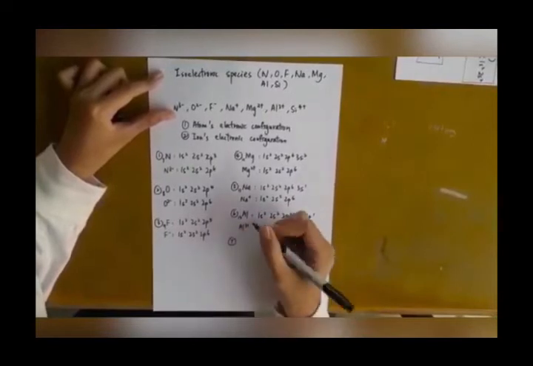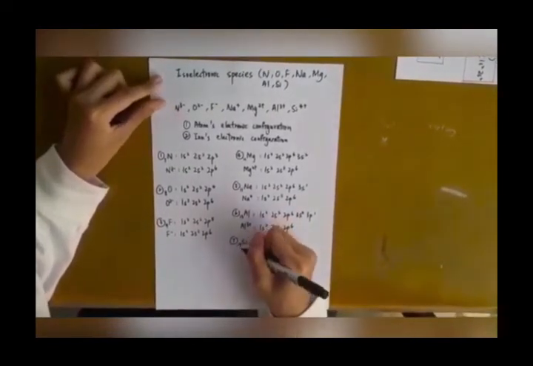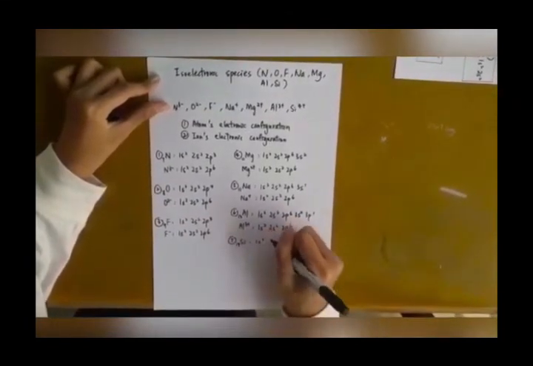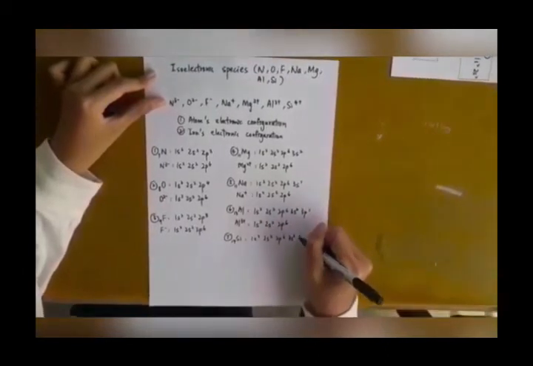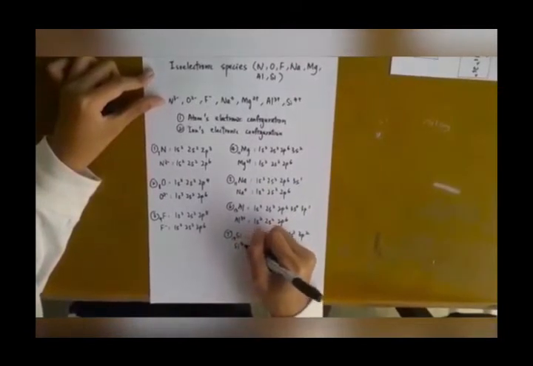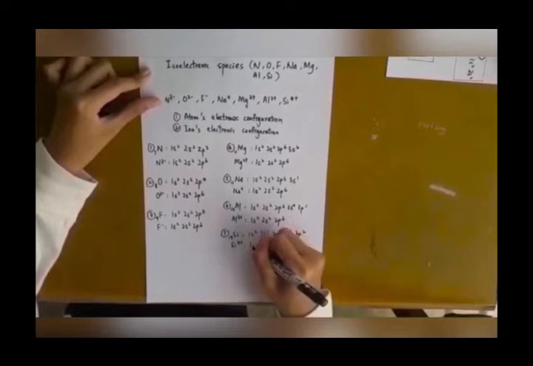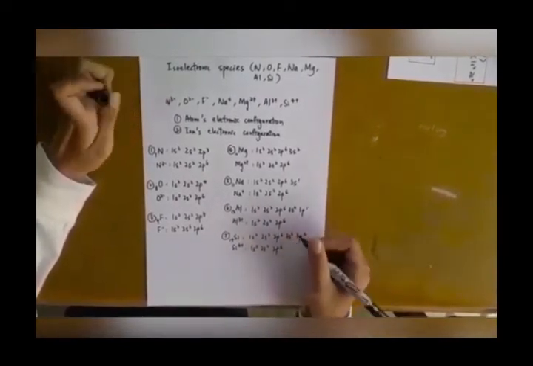And finally is silicon. Silicon has 14 proton numbers. So its electronic configuration is 1s2, 2s2, 2p6, 3s2, 3p2. So when it becomes a silicon 4 positive ion, it will have electronic configuration of 1s2, 2s2, 2p6.